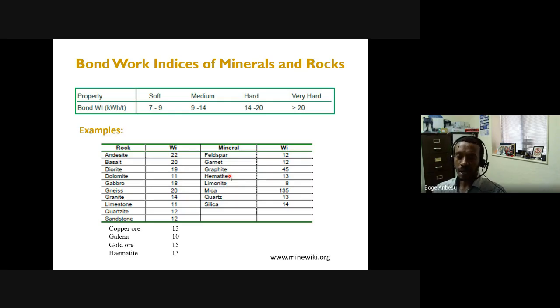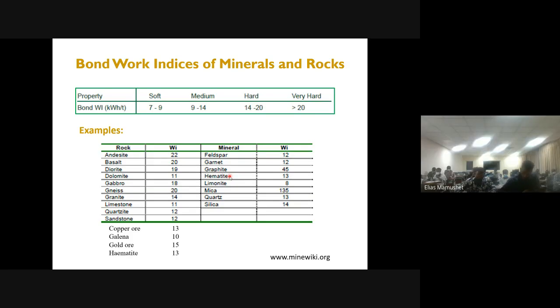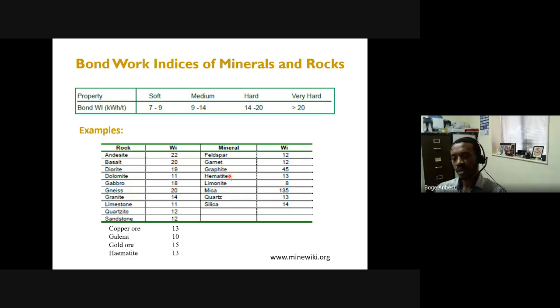In the big plant, at commercial large scale, we don't have any methods to use. So whatever you use for the big scale operation is something that has already been tried at lab scale. You determine the bond work index in the lab, and then you use that information to make decisions in the operation of large scale plants. Okay, so that's how it works.